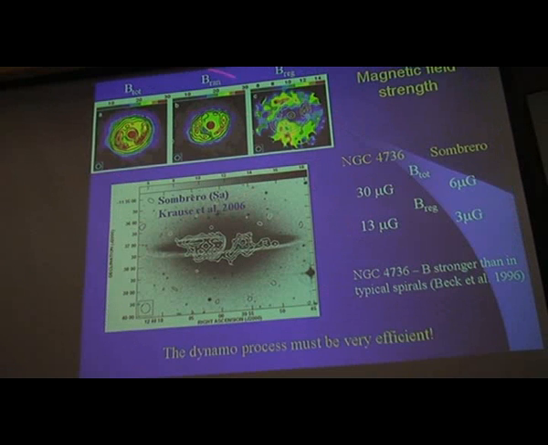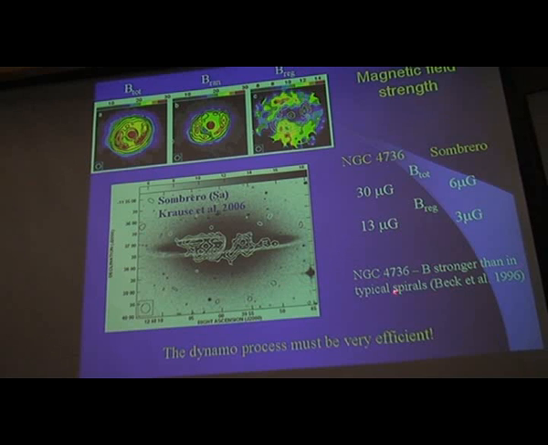When magnetic maps are produced for this galaxy, you can see that magnetic fields are very strong, up to 30 microgauss in the ring and 14 microgauss in the regular field.